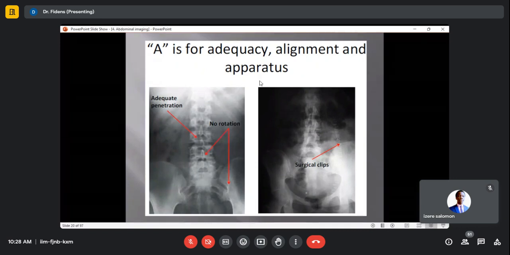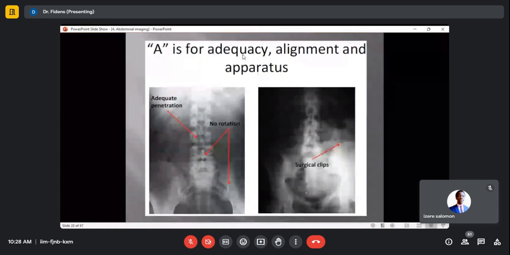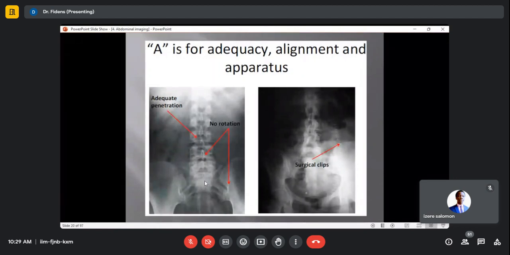Remember this. For A, you check for adequacy, and adequacy, they want to say now it's technique. By the way, you see if there is adequate penetration, like here, it's adequate because we're able to see the spinous processes. You check if there is no rotation. The distance from the spinous processes to the sacroiliac joint on the left side, compare with the right side.